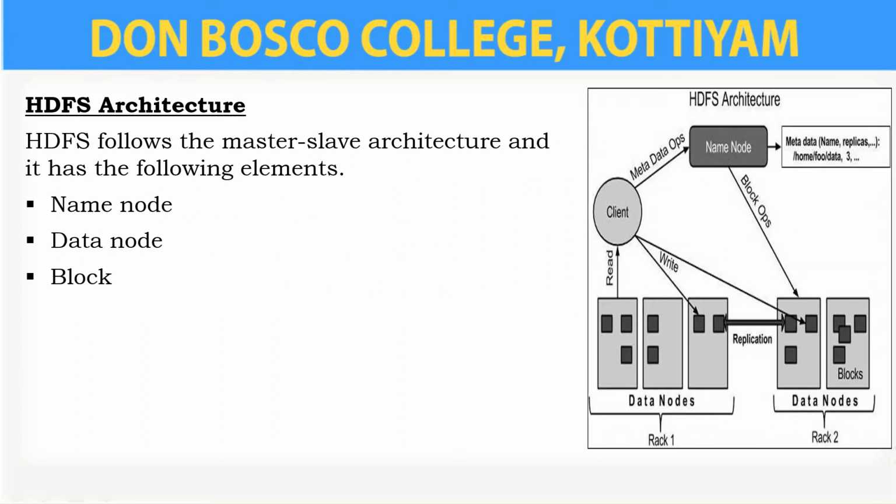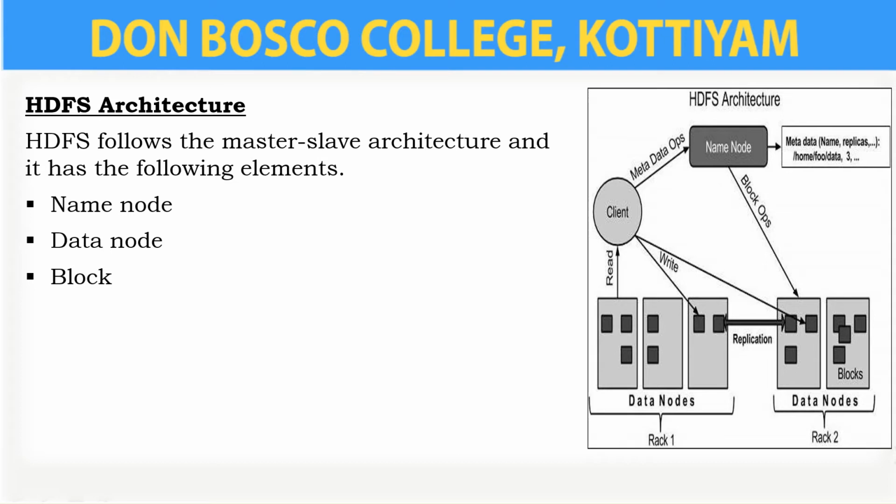The Apache HDFS or Hadoop Distributed File System is a block structured file system where each file is divided into blocks of predetermined size. These blocks are stored across a cluster of one or several machines.